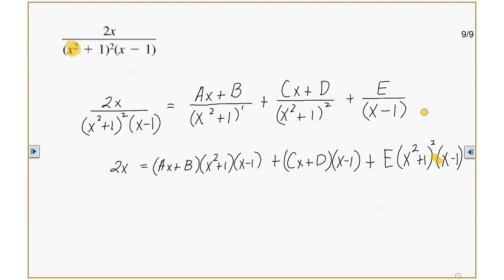Now, you can use positive 1. You can use 0. No, you can't use 0. I only see positive 1. I don't know if that's going to help you. You might have to expand this one.